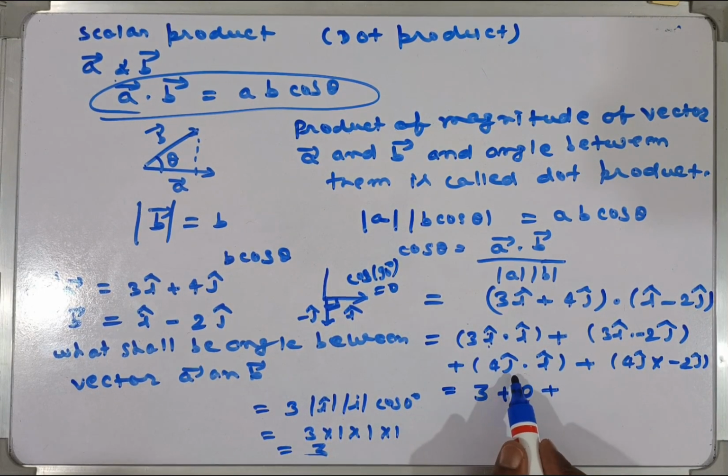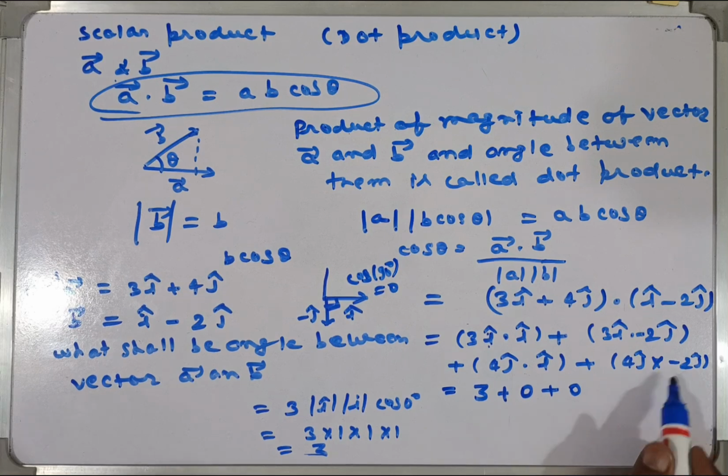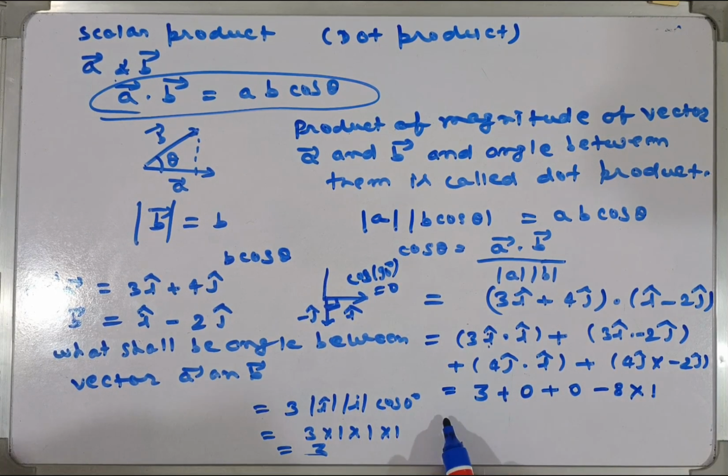Again this one will also be 0, and this one, 4 into minus 2 equal to minus 8, and j dot j equal to 1, so this is coming minus 5.